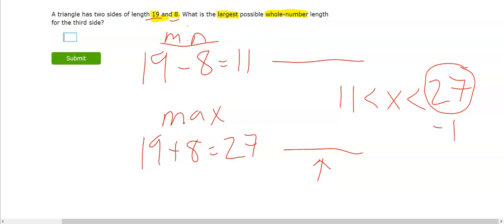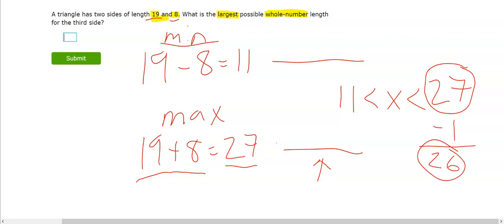But if we just subtract 1 from this and get 26, 26 works. Okay? Since 19 plus 8 is 27, 27 is just 1 bigger than 26.